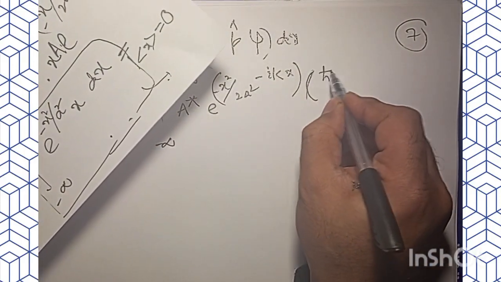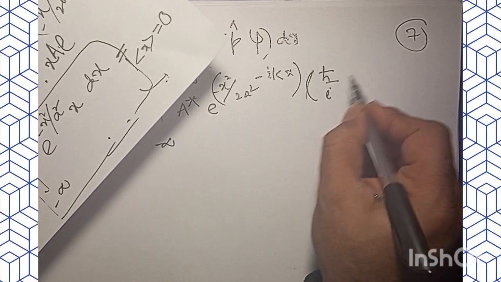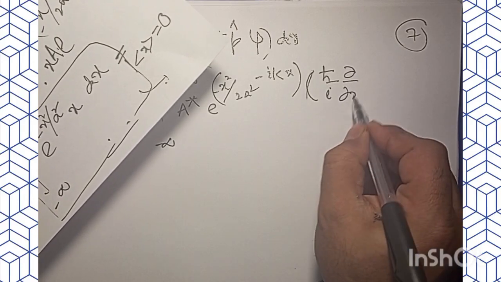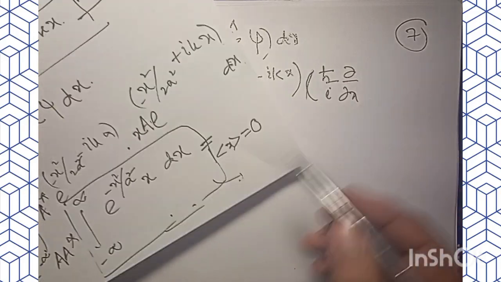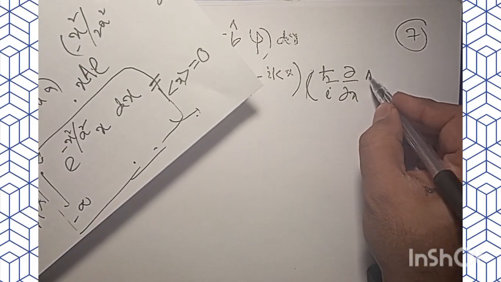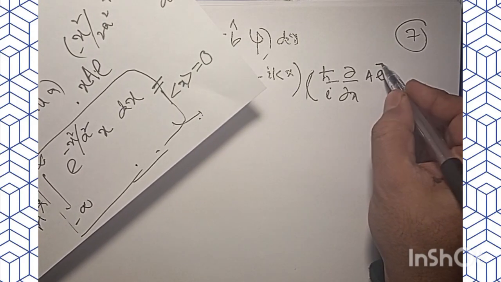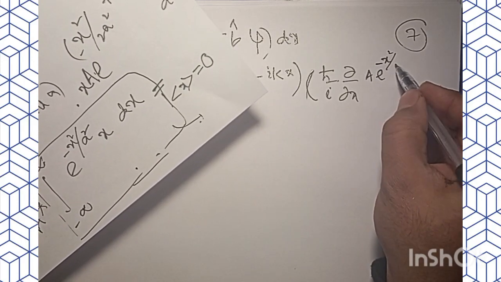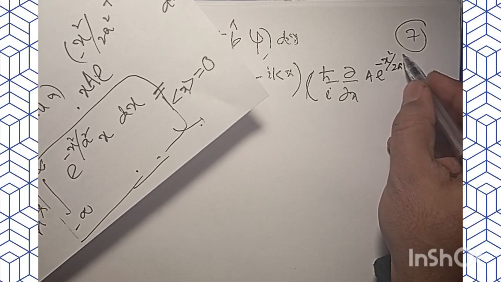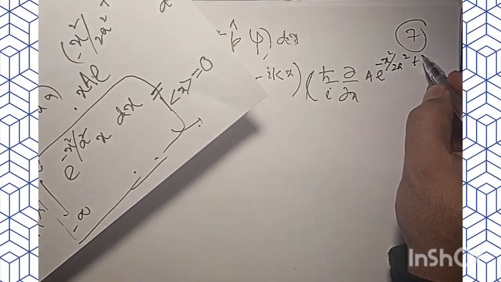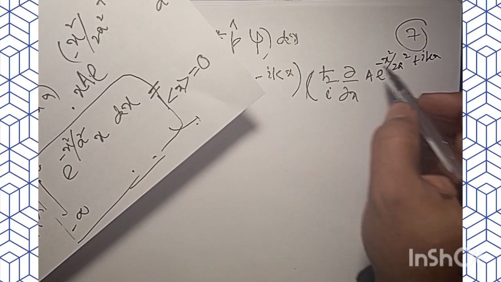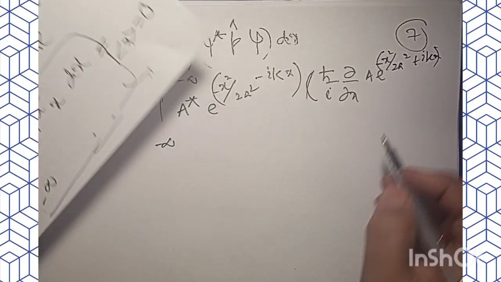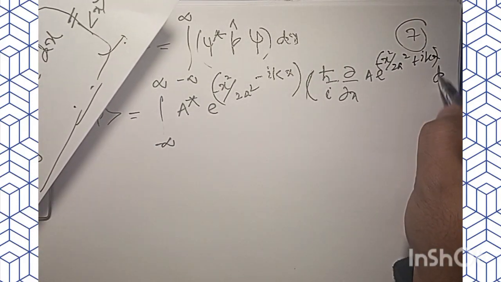That's equal to h cross by i, dou by dou x of psi. So psi is here what? It is a e to the power of minus x squared by 2a squared plus iota kx. So I would bracket it out, and finally I have dx here.